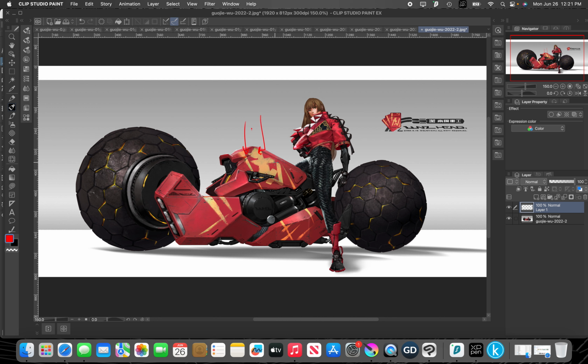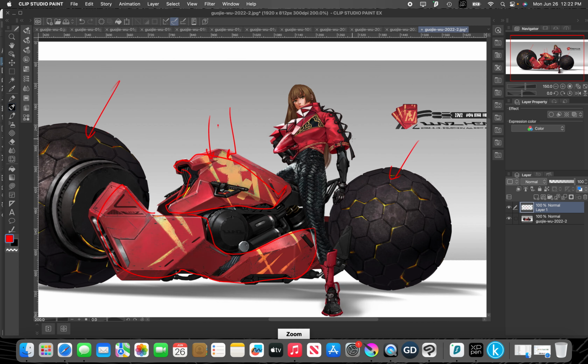These yellow shapes are very desaturated. But these red shapes, they're very open. There's not a lot of detail. There is some detail, but there's not a lot, right? And the contrasting element of that is these tires, right? And then we also see that same sort of thing going on with her in the suit.